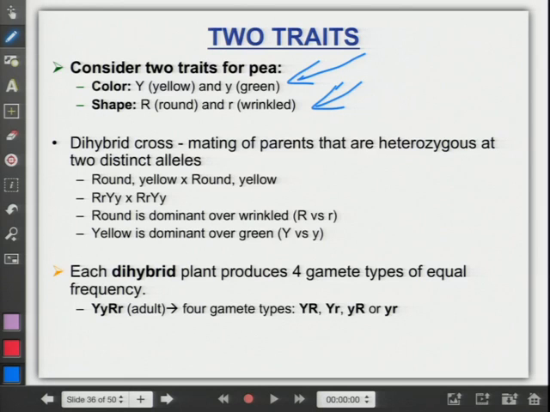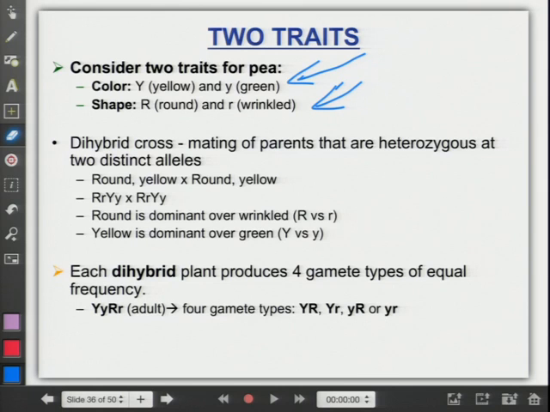If it were multiple alleles, we'd have Y superscript A, Y superscript B, something like that. The only multiple allele one you're going to get is blood type, so you don't have to worry about that sort of thing. You'll recognize the blood type questions; those have multiple alleles. Everything else we do is just going to be two alleles for each of the two genes.